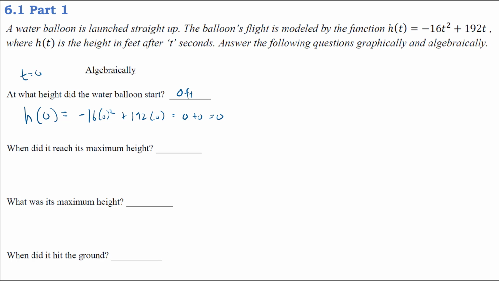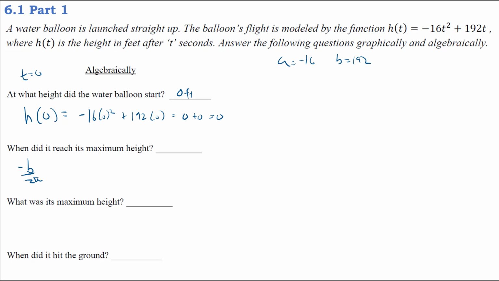Alright, so now, when did it reach its maximum height? When did it get the highest? With this one, we can use the equation we found earlier, -b over 2a. In this case, our a value is -16 and our b value is 192.